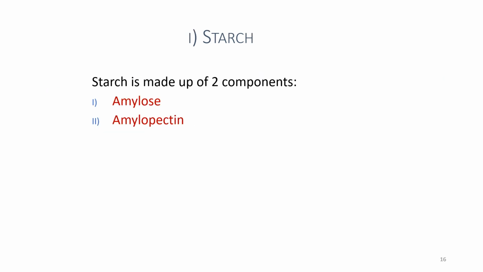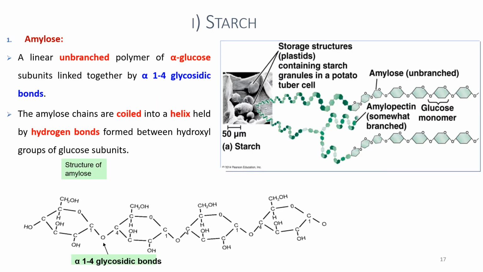So starch is made up of two components, which are amylose and amylopectin. The first component of starch is amylose. The structure of amylose is a linear unbranched polymer made up of alpha glucose, and the glucose monomers are linked together by alpha 1,4 glycosidic linkage.